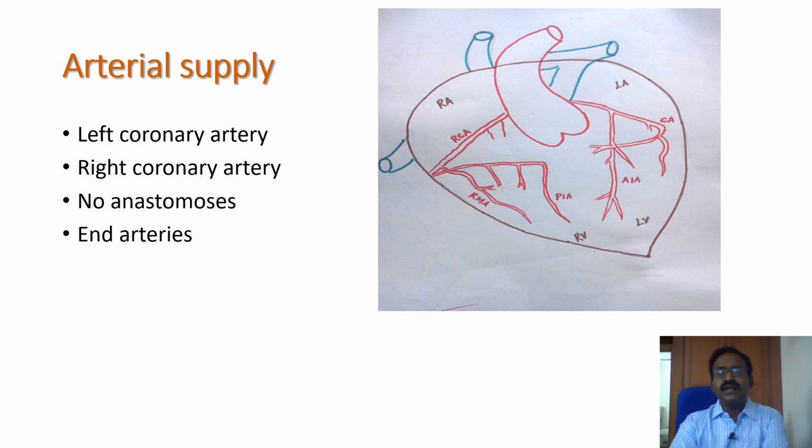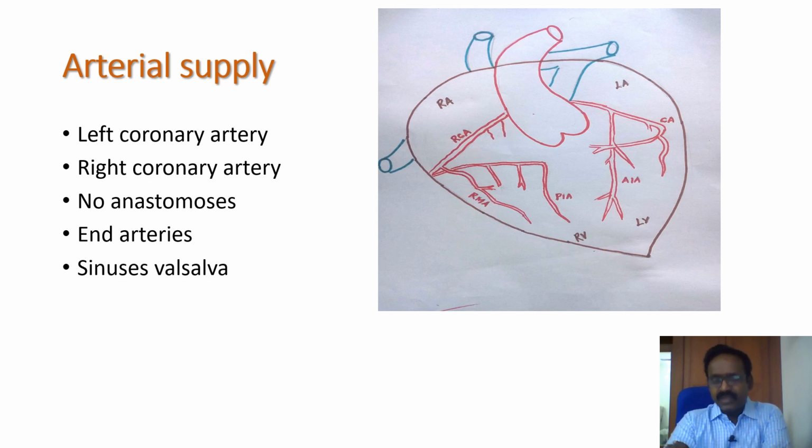And the sinus of Valsalva is the outpouching of the aortic valve cusps. That place is where the coronary arteries originate. That place produces eddy currents. It keeps the valve cusps away from the wall of the arteries.